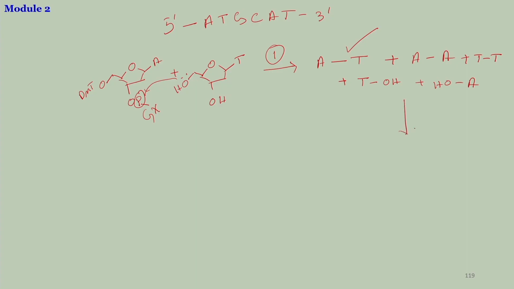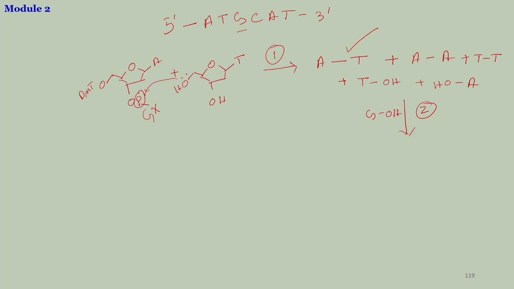Or you can move on to the second step, second cycle, and then use G. GOH, because since the 5 prime is always reacting, I am writing OH for the 5 prime position. Of course, the G means the whole of G, here only the replacement will be.